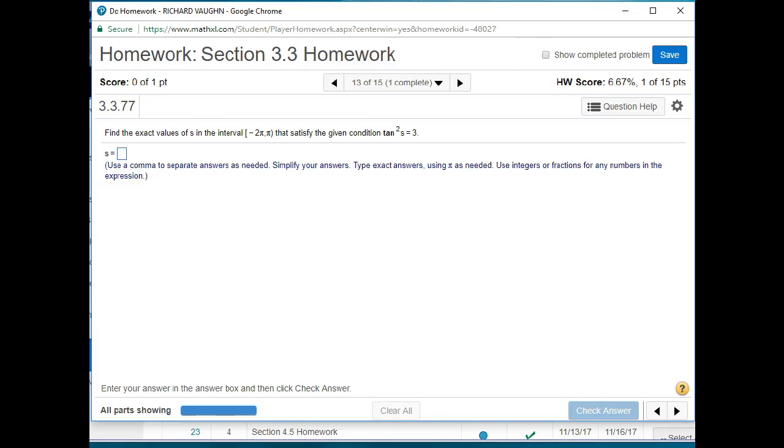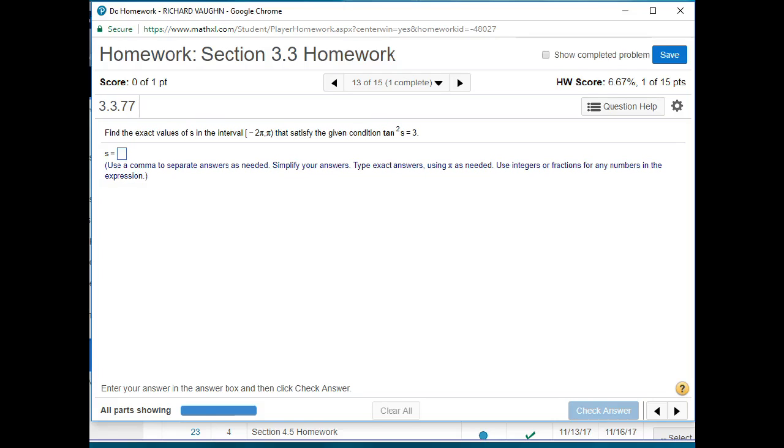Now, similar to what I did with those reference angles in the first quadrant, I'm going to think about the angle in the first quadrant whose tangent is the square root of 3. So tangent is opposite over adjacent. That has a height of square root of 3 and an adjacent side of 1. So that's the 60-degree angle, or pi over 3 radians. That's the reference angle in the first quadrant: pi over 3.